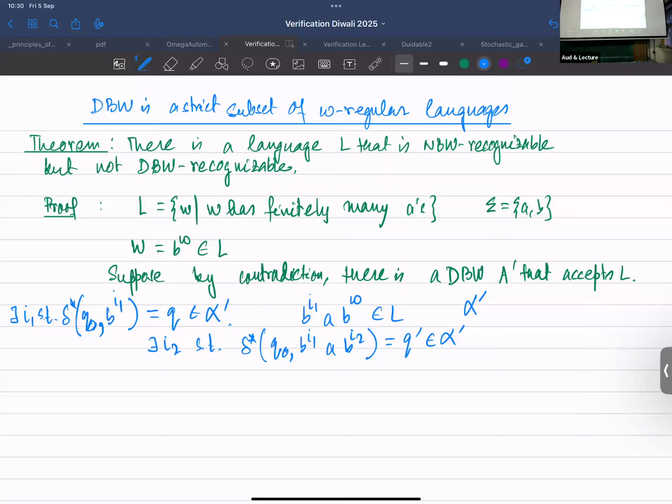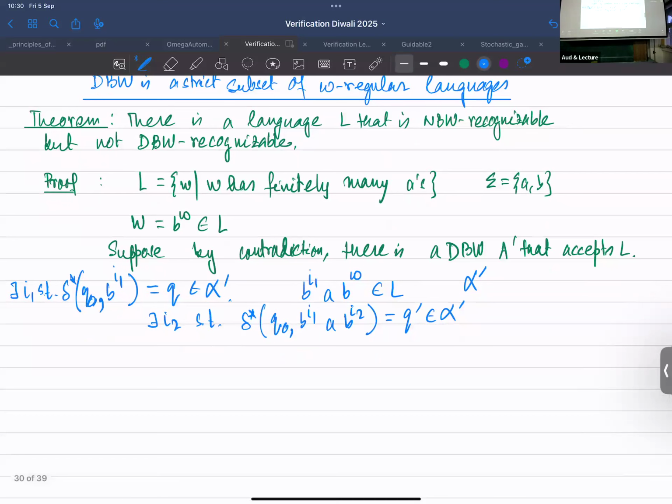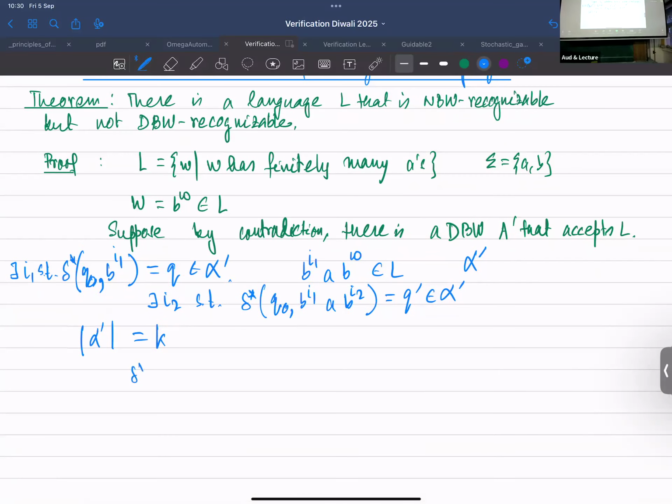So what she was saying is the following. Suppose my alpha prime has K states. Then I can get delta star of Q0 on B^{i1} A B^{i2} A ... B^{ij}, and I reach some state.